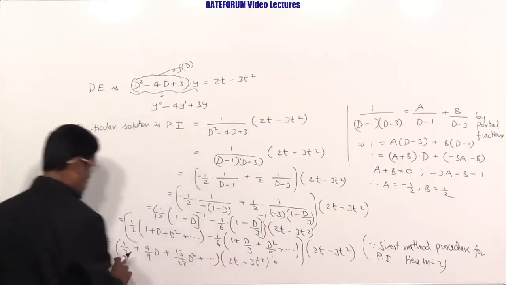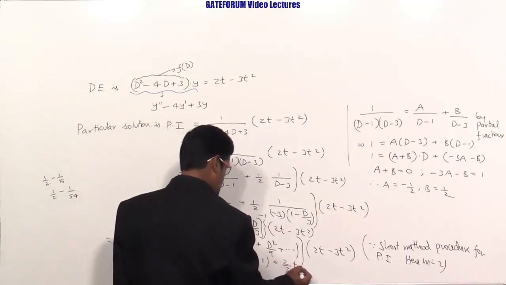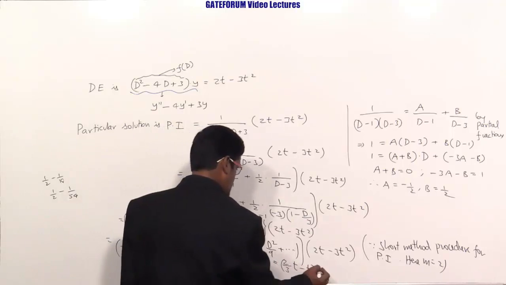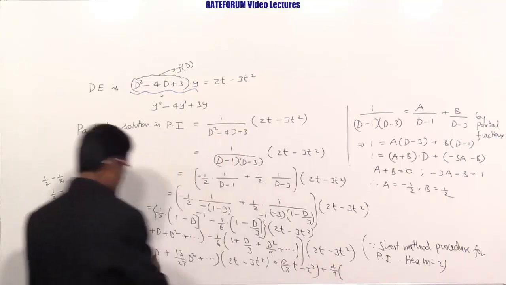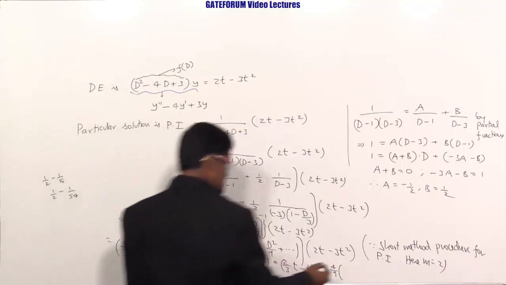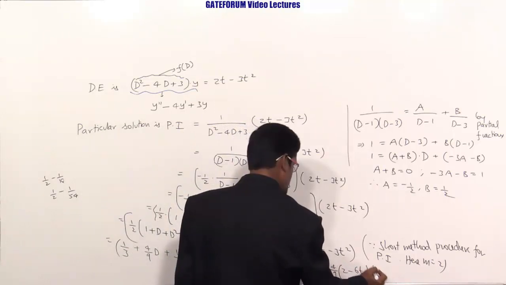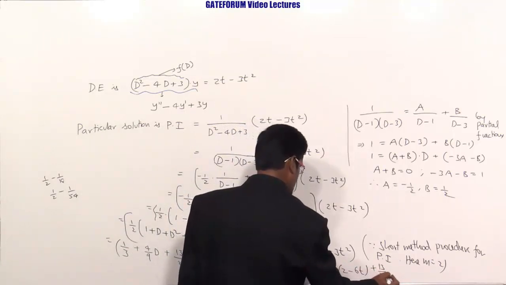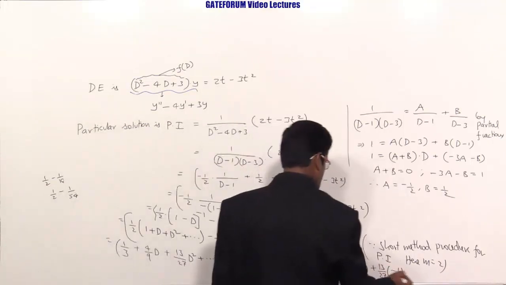So this is equal to 1 by 3 into 2t, so 2 by 3 t minus t square. Next plus 4 by 9 into D, which stands for the first derivative, 2 minus 6t, plus 13 by 27 D square, which means the second derivative, so that means minus 6.